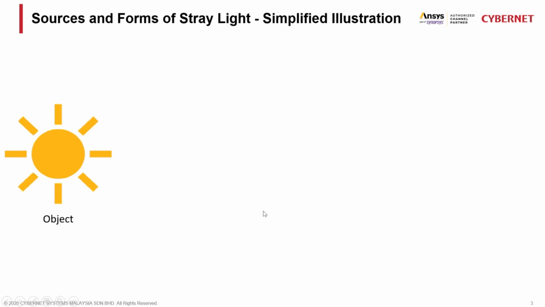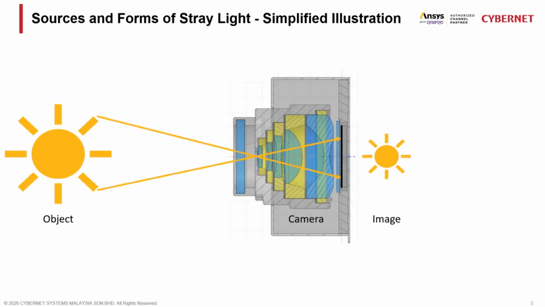Here we will describe the illustration of how Straylight forms, its source, and its form. Okay, so we need an object. We also have an image, and this is the camera. The ideal path is the object passing through the lenses, and then all the light rays will ideally land on the image sensor.